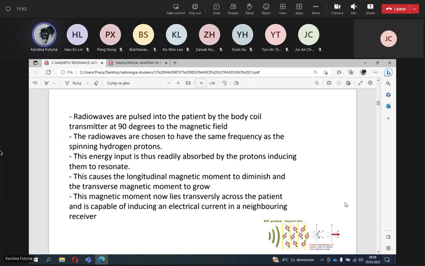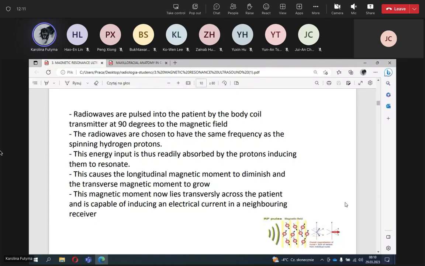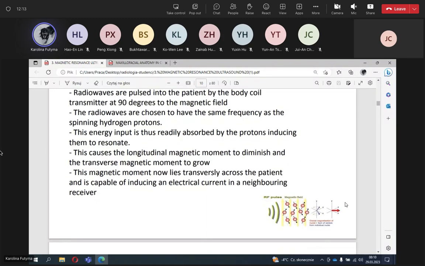The resonation causes the magnetic moment to diminish and the transverse magnetic moment to grow. So we have a longitudinal magnetic moment and a transverse magnetic moment as well. This magnetic moment now lies transversely across the patient and is capable of inducing an electrical current in a neighboring receiver.